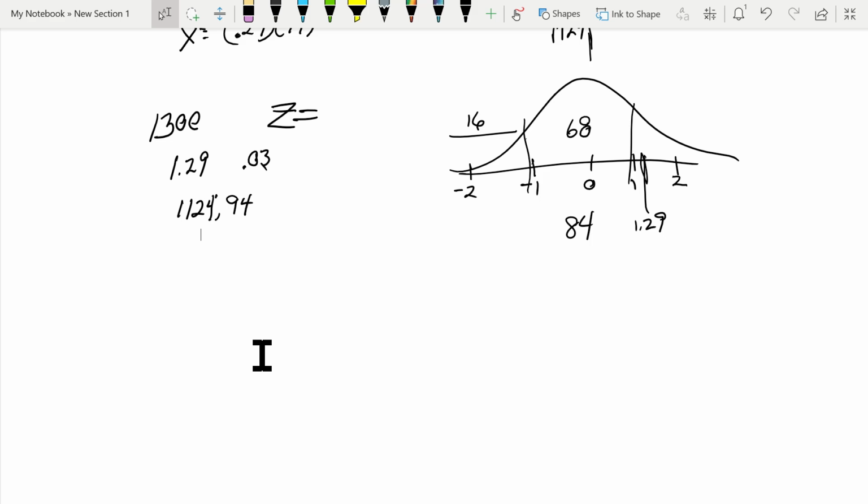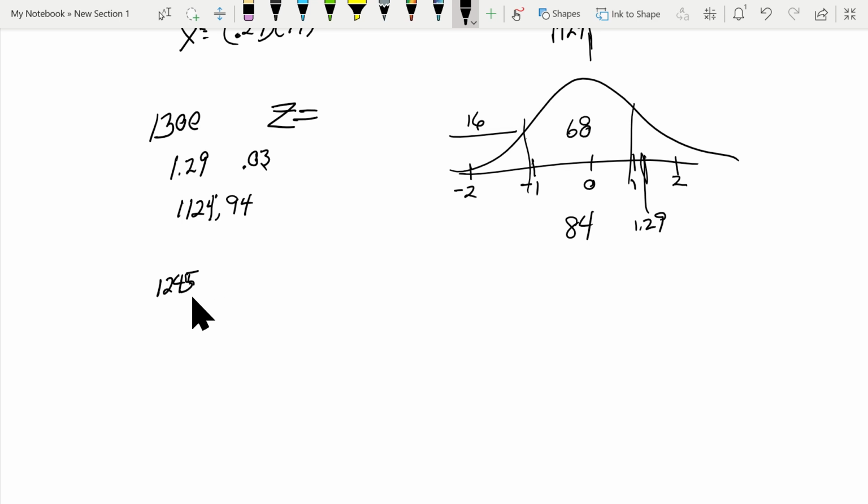Each one, you take how many standard deviations up is it? This one is 1.29, and now the standard deviation is 94. I add that to 1124. What's the score on the national basis? What is the 1.29 score? 1,245.5.